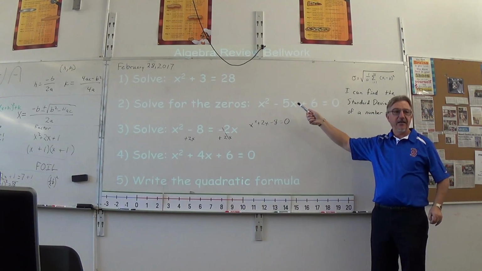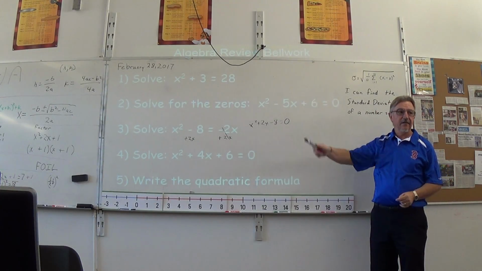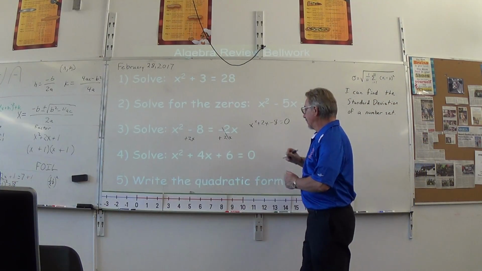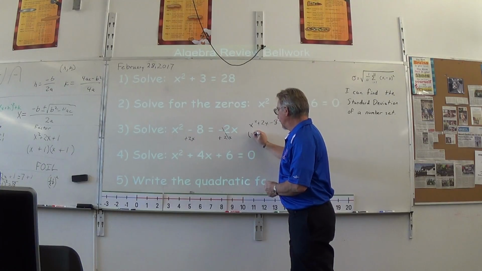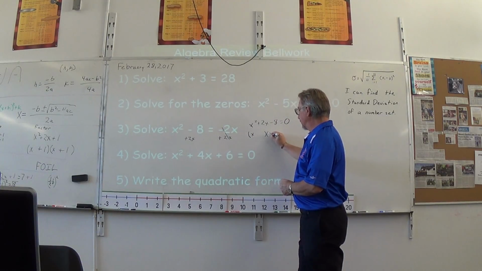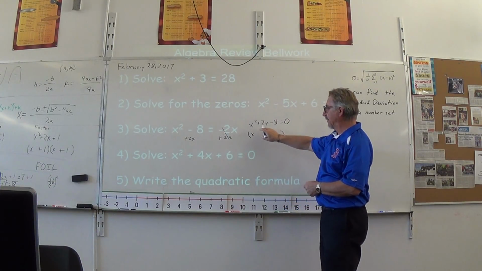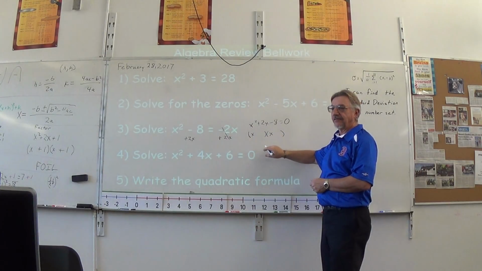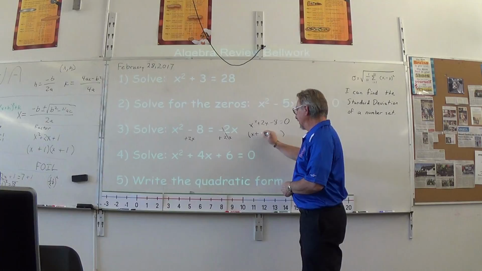Now I can do the same thing I did up here, right? I can factor. Okay, I have a plus and a minus, so what do I know my signs are going to be? Plus and minus.